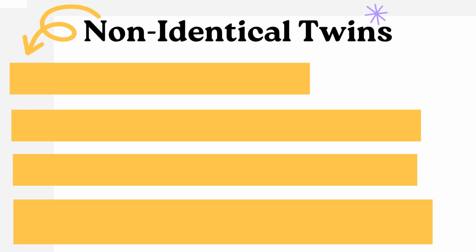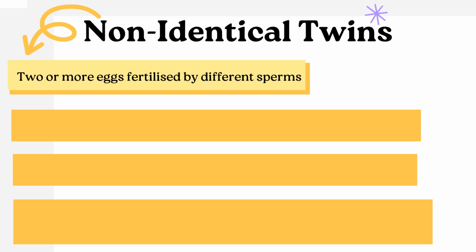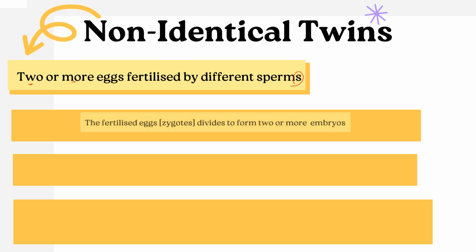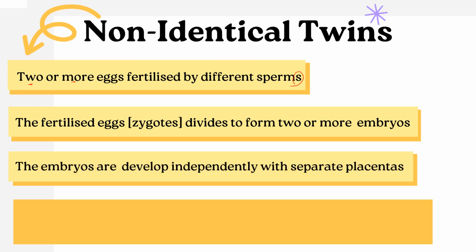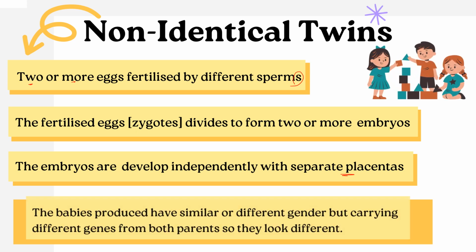طب what about non-identical twins؟ هنا عندي بقى maybe the female release two or more eggs fertilized by different sperms. The fertilized egg أو الزيجوس هنا بيحصل لهم ايه division عادي جدا to form two or more embryos، والembryos دي بيحصل لها developing independently with a separate placenta.